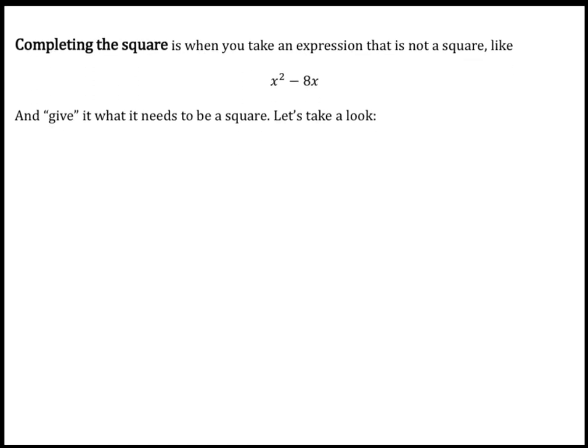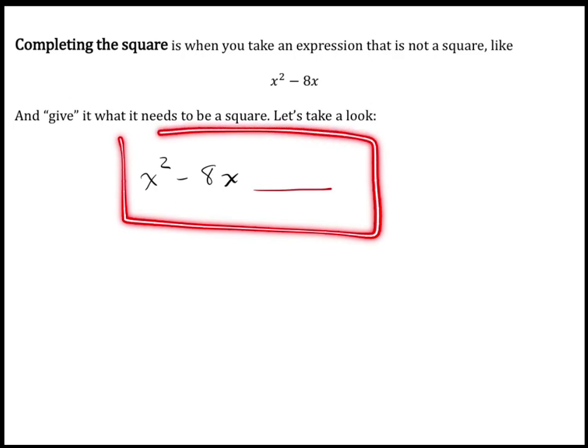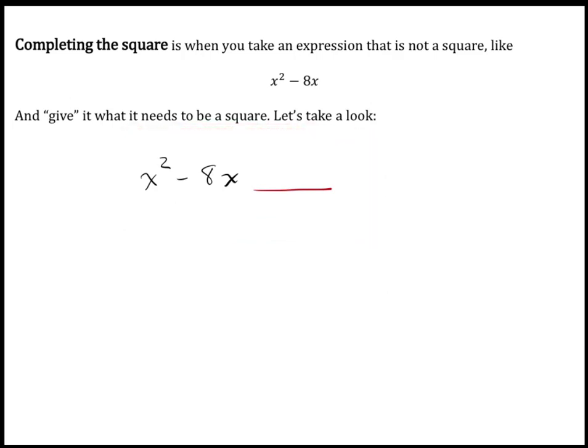So completing the square is when you take an expression that is not a square, like x squared minus 8x, and give it what it needs to be a square. What number would have to go here in order for this trinomial to be a perfect square? We have already noticed the pattern in the numbers when the trinomial is a perfect square.